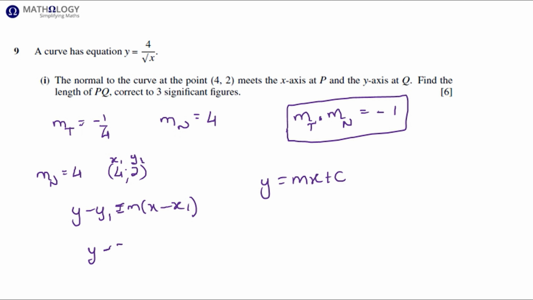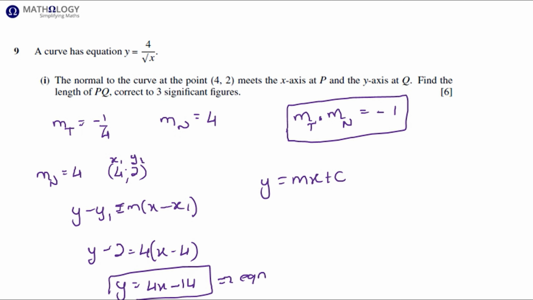So y minus 2 equals 4 times x minus 4. y equals 4x minus 16 plus 2, which is minus 14. So this represents the equation of the normal to the curve at the point 4, 2.